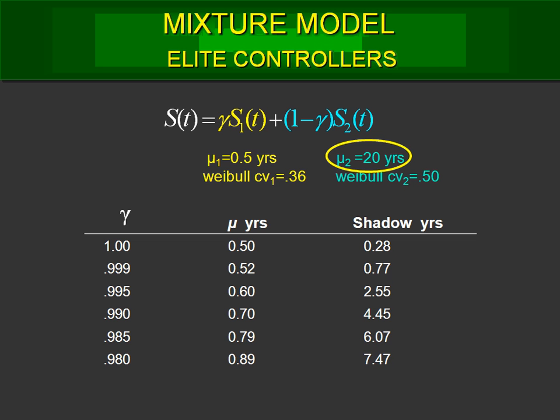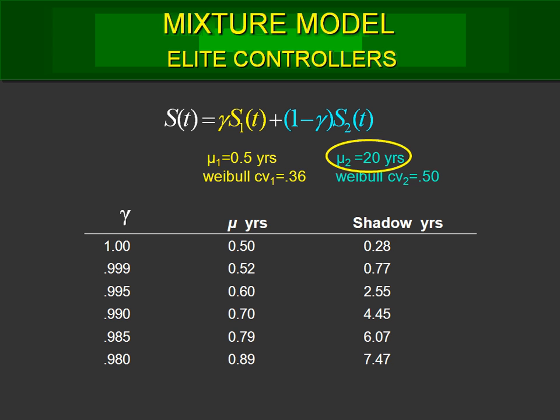Here's another calculation, more extreme, of elite controllers. These are people who may never develop AIDS, and they stay in the window period until death. They have very low viral loads. And here I'm showing you the calculation. It was just a tiny bit of contamination with elite controllers, even just 0.5%.